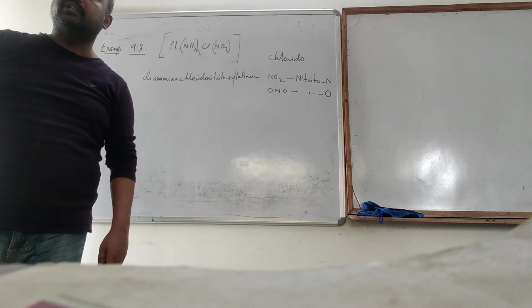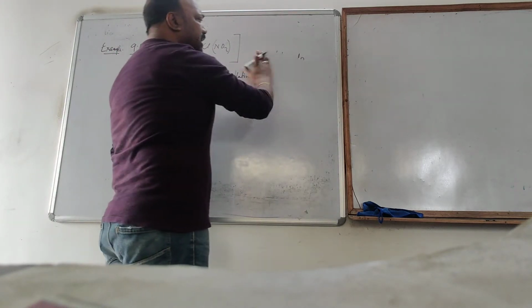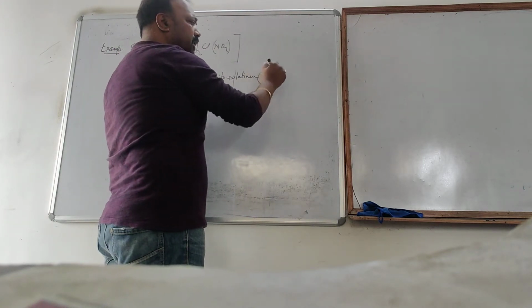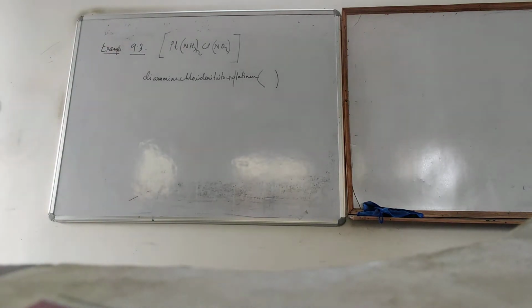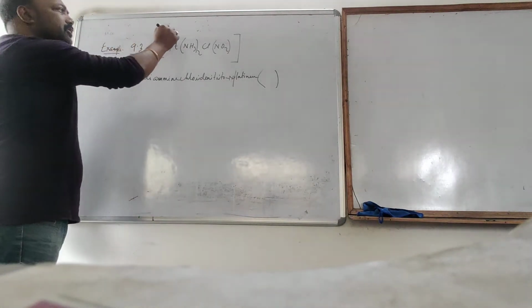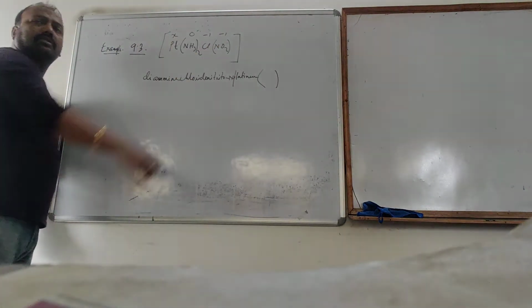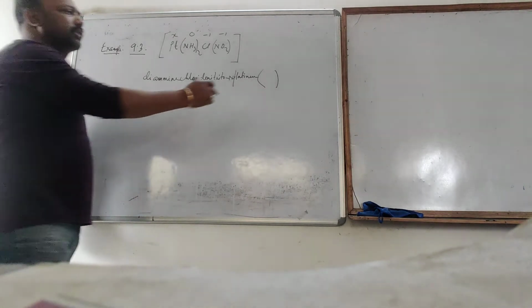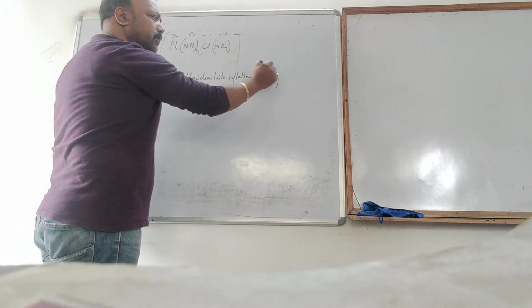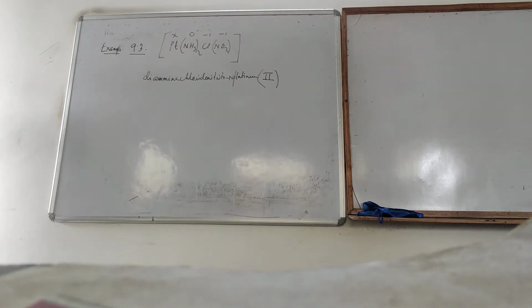So what is the oxidation state you calculate? This is X, right? 0, -1, -1. So tell me what is the value of X? Plus 2. So I'm going to write 2 in Roman. That's the name of the compound. Is it clear?